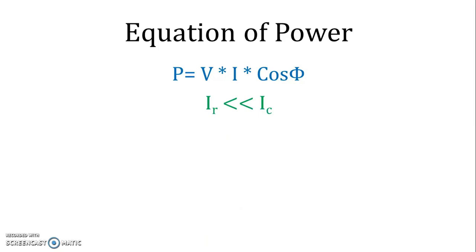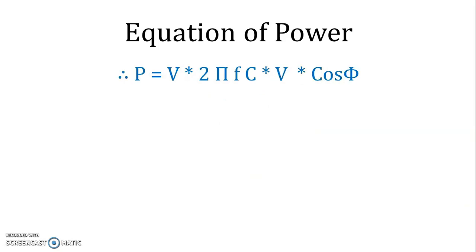But the resistive current IR is very small compared to the capacitive current, so it can be neglected, and we can write the equation of power as V multiplied by IC multiplied by cos phi. Then the power P is equal to V multiplied by 2 pi f C multiplied by V and multiplied by cos phi.